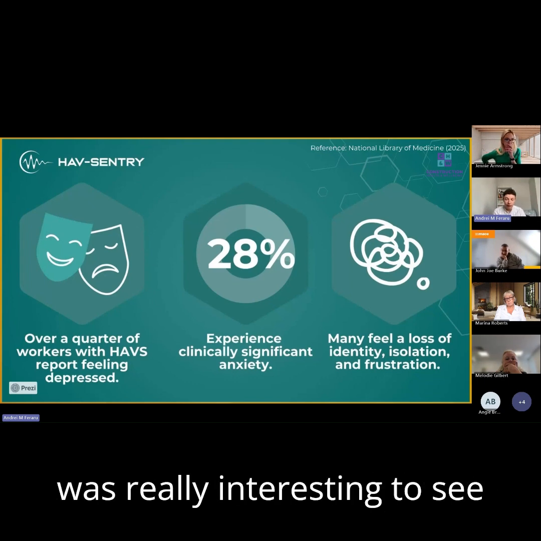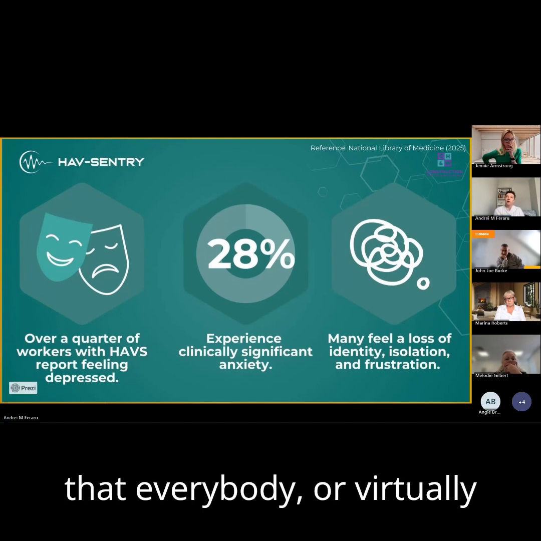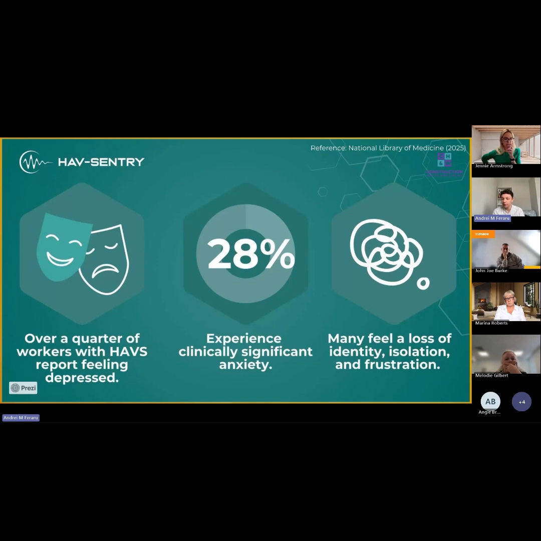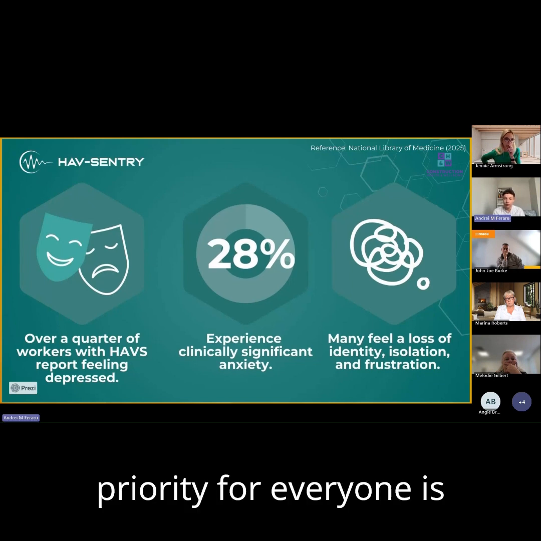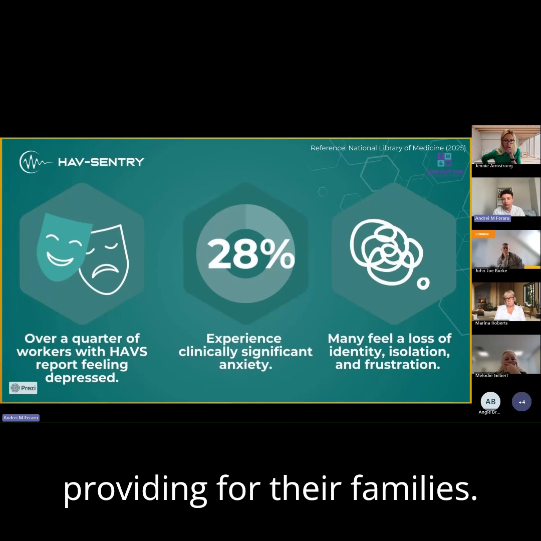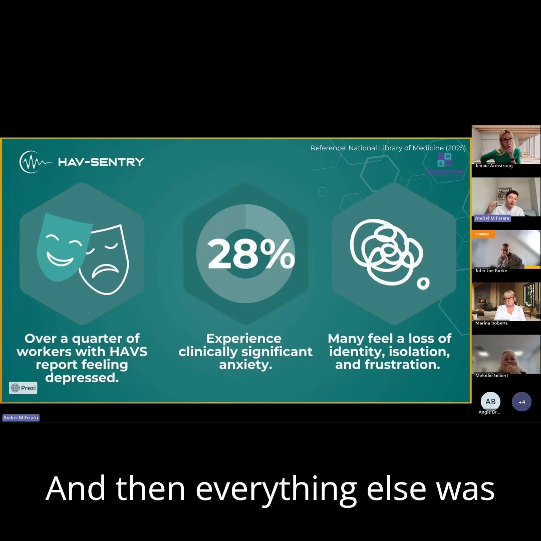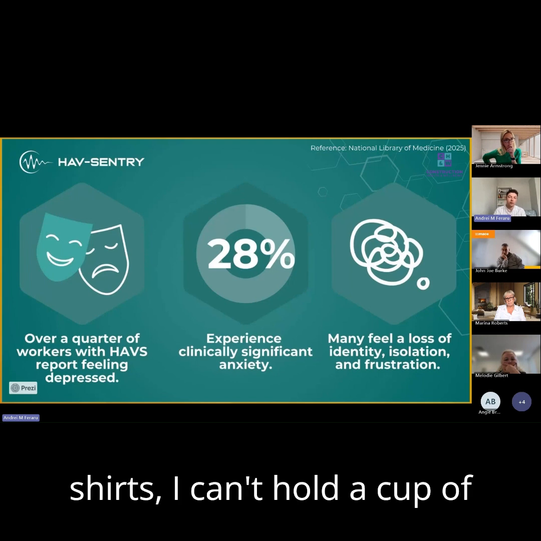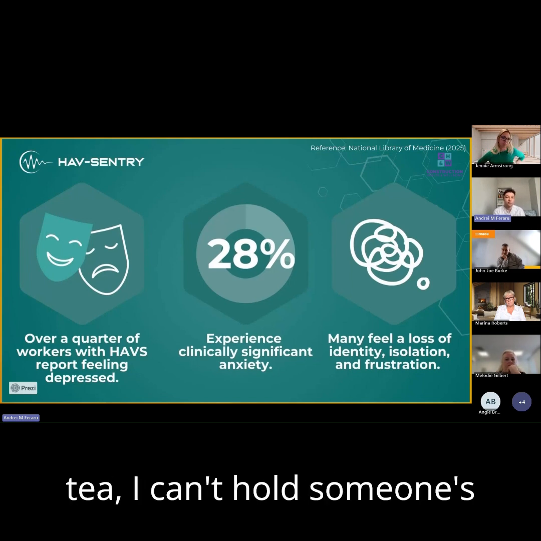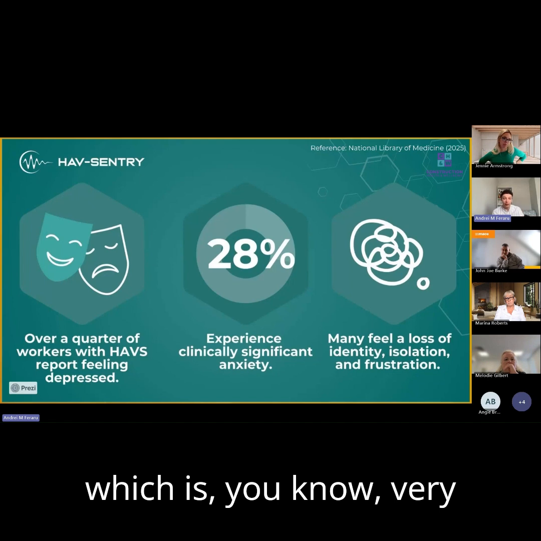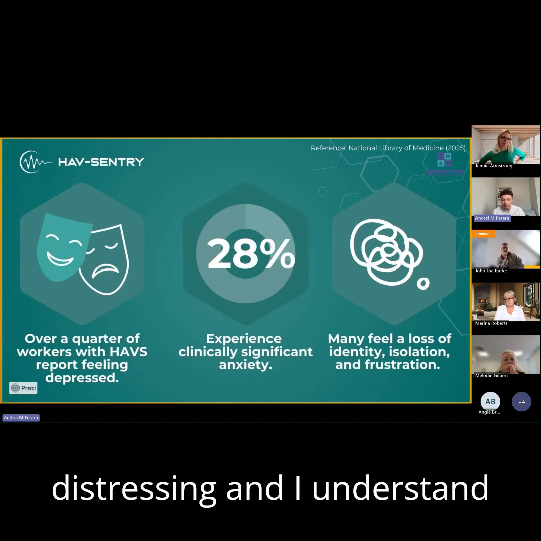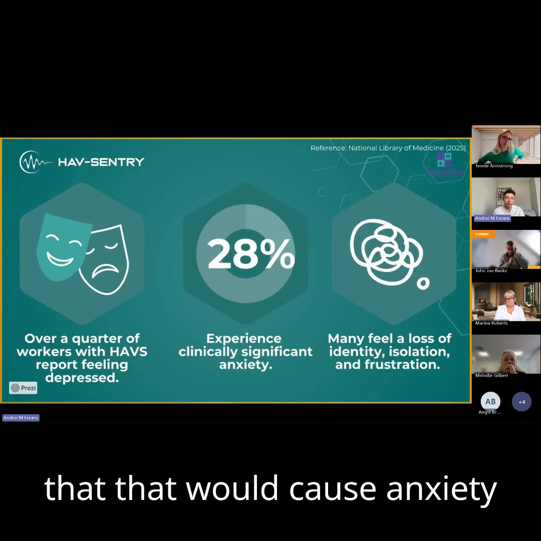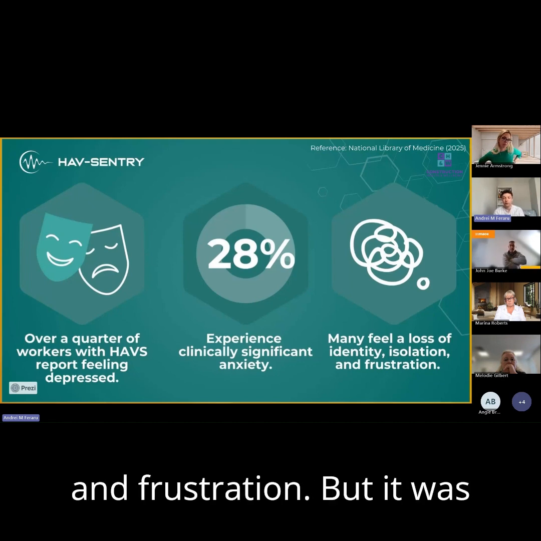It was really interesting to see that virtually everyone had that as the top priority: providing for their families. And then everything else was physical symptoms. So, I can't button my shirts, I can't hold a cup of tea, I can't hold someone's hand and things like that, which is very distressing. It's quite understandable that would cause anxiety and frustration.